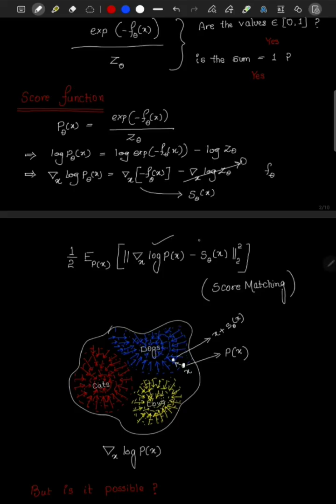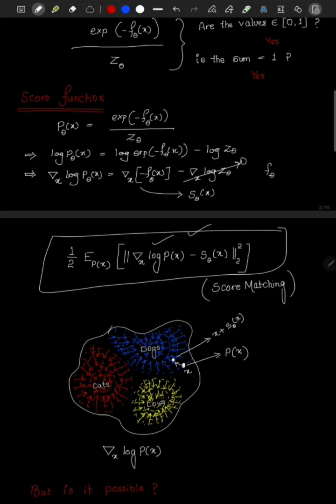This is what is written over here. Basically we have the expected value of the difference between the true score function of the underlying distribution and the approximated score function. This is the score matching objective which we have to deal with.